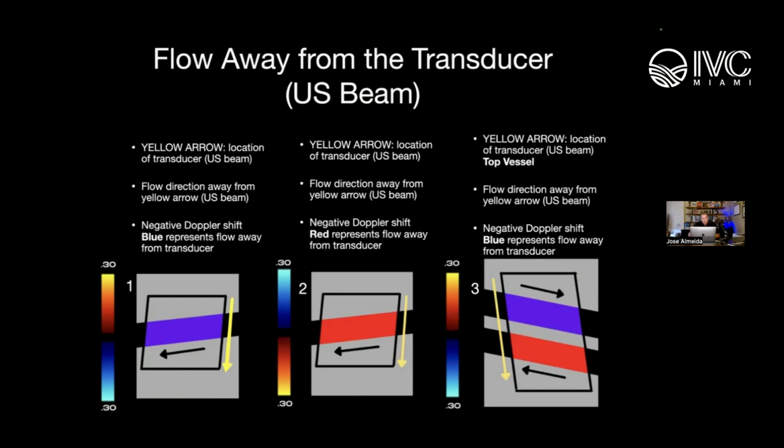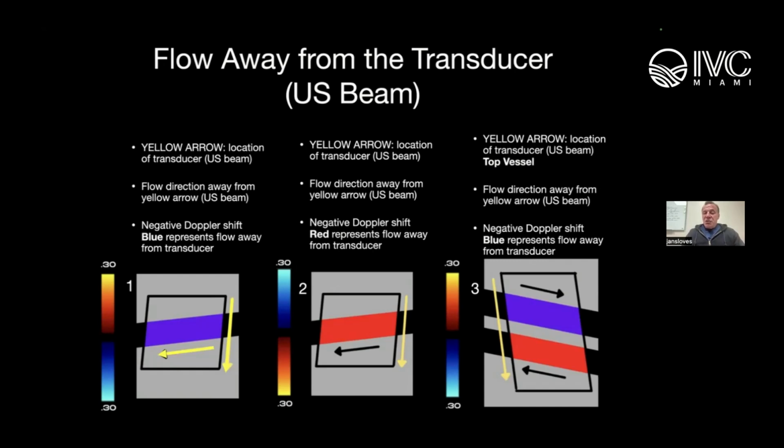So anyway, in schematic one, we can appreciate that red is towards a transducer and blue is away. We could see how the box is orientated here and how the beam comes down and how we have flow going away from the transducer. So we have a negative Doppler shift. Blue represents flow away from the transducer.